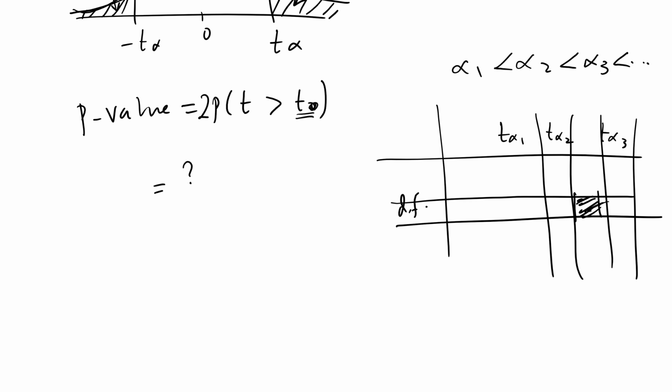Well, I don't know the exact value, but we do know it's going to fall between t sub alpha 2 and t sub alpha 3. That's going to be half of the p-value, so the p-value will really be 2 times that. So you need to double these values here. And I'll show an example of that in a minute.